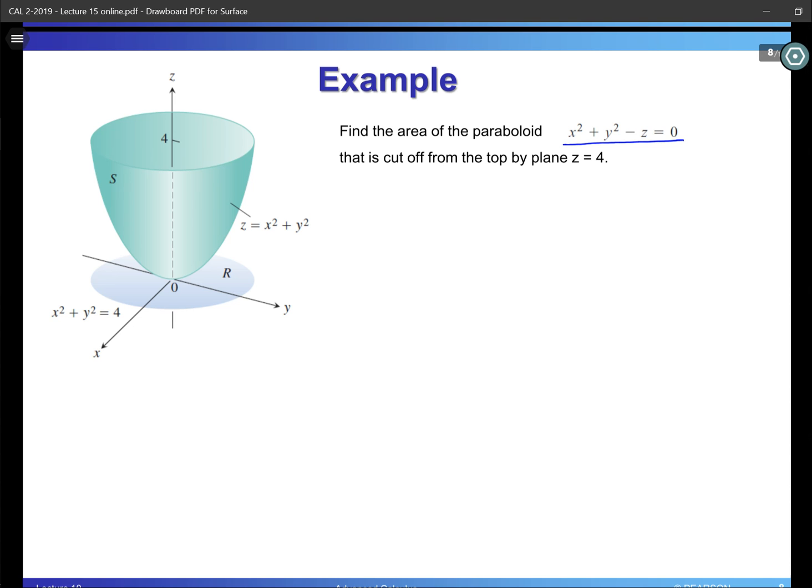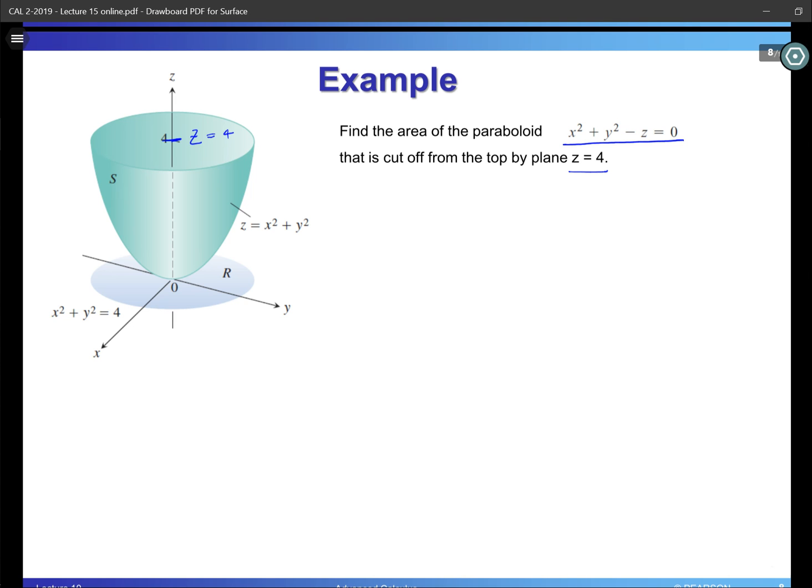And this paraboloid is cut off from the top by the plane z equal to 4. As you can see here, it is cut right here. It doesn't go up anymore. At this point, it got cut by z equal to 4. And now we want to know the area of this surface.